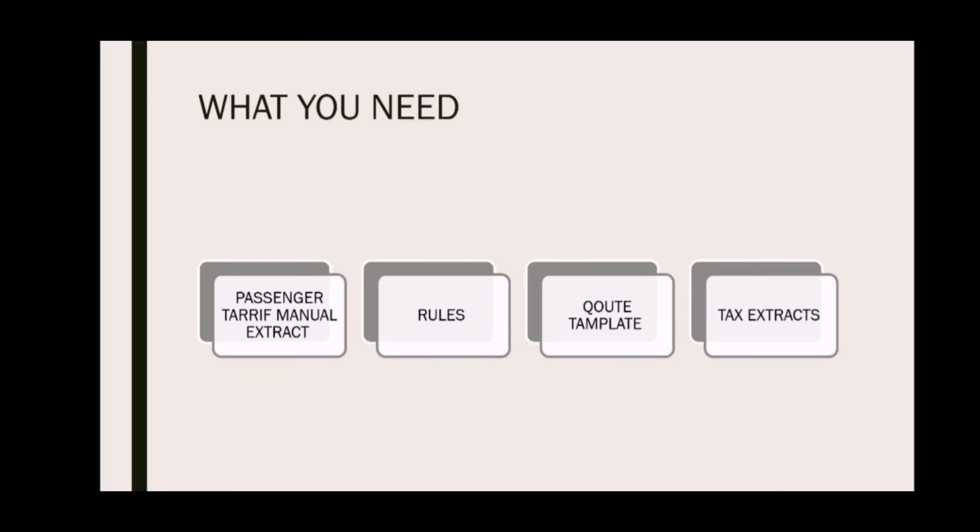You will also need the rules that apply to those fares. You will need your quotation template, which is where you will do your calculations. And the last thing you will need is the tax extracts or tax handouts that you will use to charge your passenger service charges, and so on and so forth.